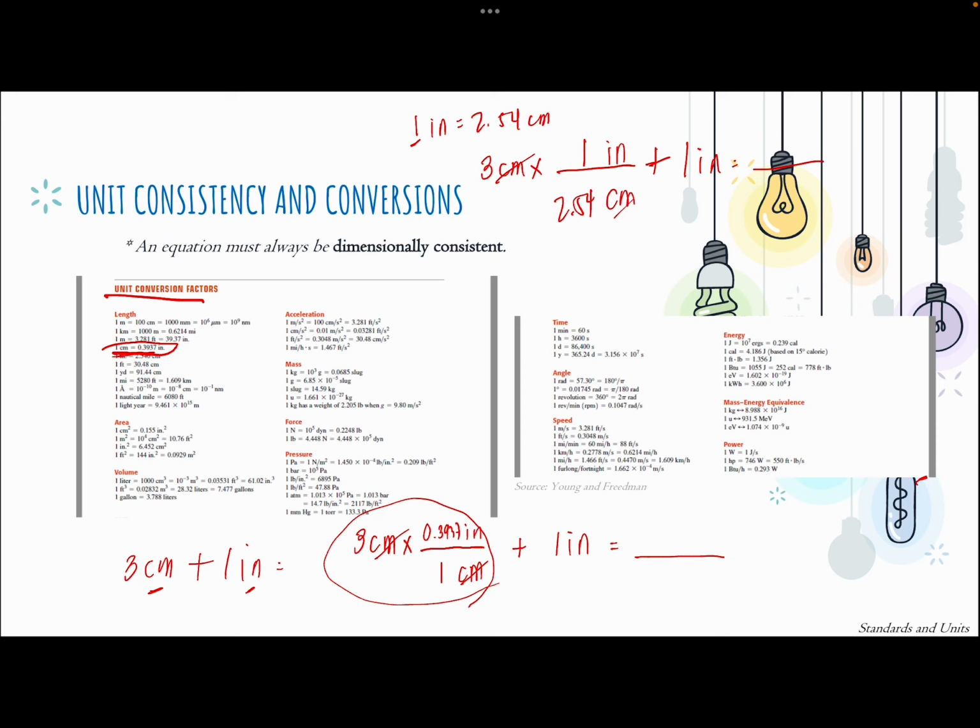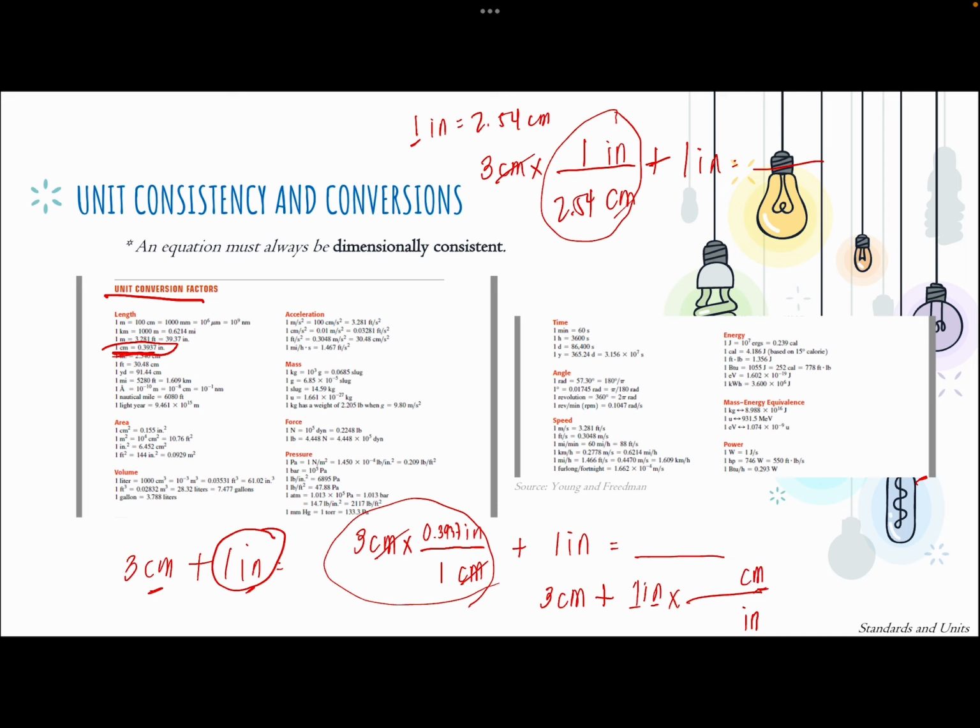So, yun na nga. Yung isang way naman is, pwedeng yung inch, yung i-convert mo into centimeters. So, you will have 3 cm plus 1 inch times, gamitin natin itong conversion na yan. Pero, inch ito, nasa taas. Kaya, yung nasa baba naman ngayon na susulat mo is inch.